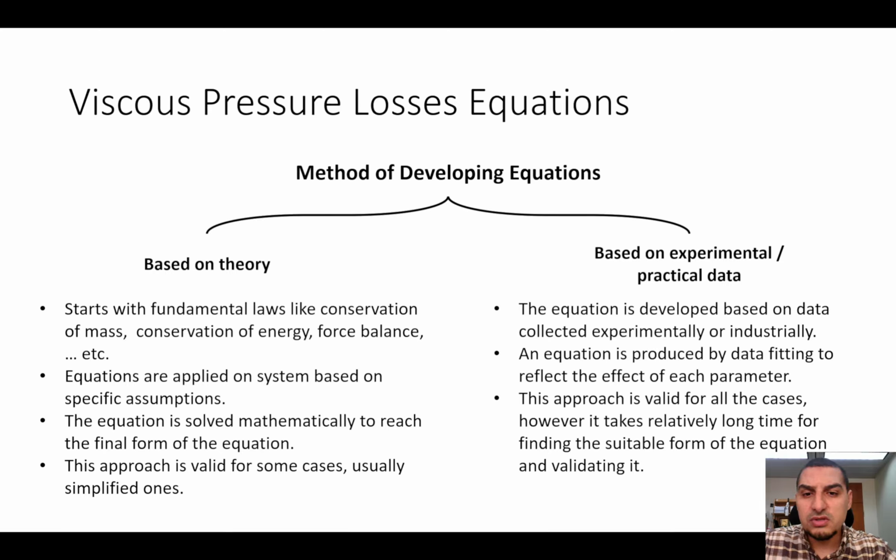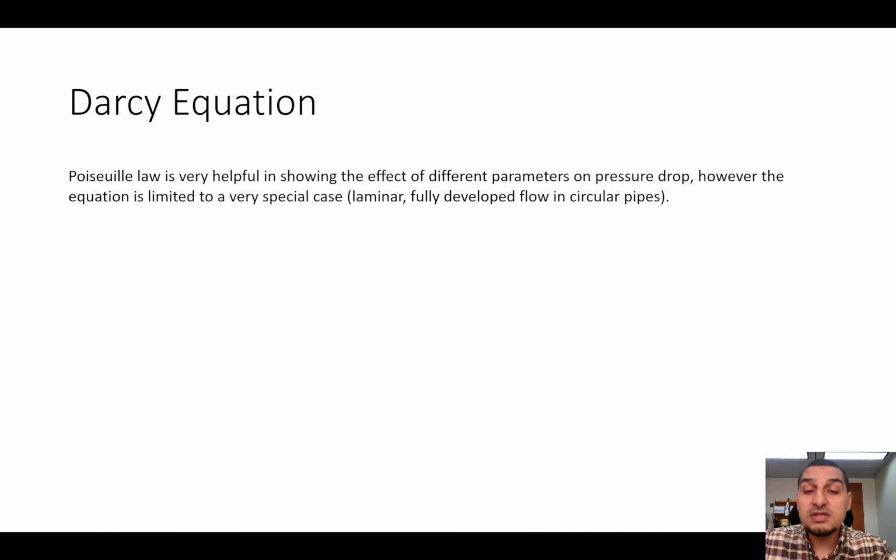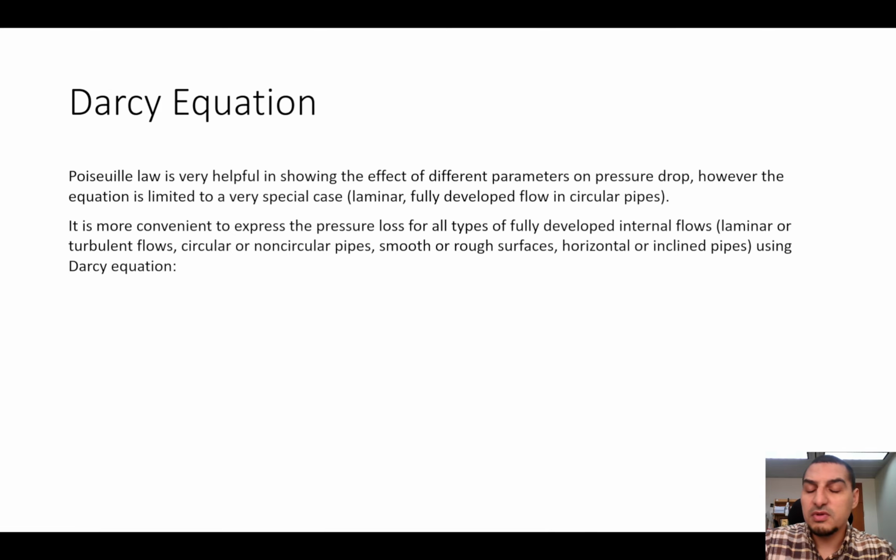This equation is called Darcy's equation, and it is valid for all cases. It's valid for laminar and turbulent flows, circular and non-circular pipes, smooth or rough surfaces, horizontal or inclined pipes. It's valid for any case.